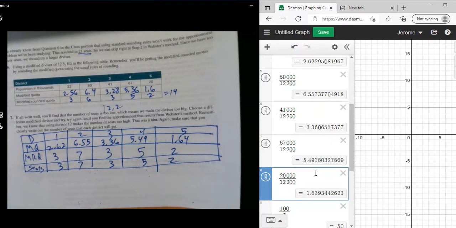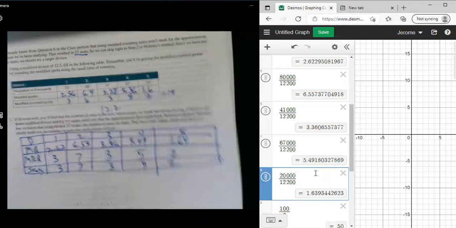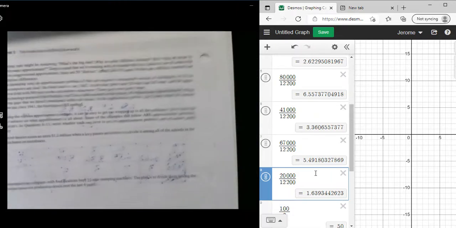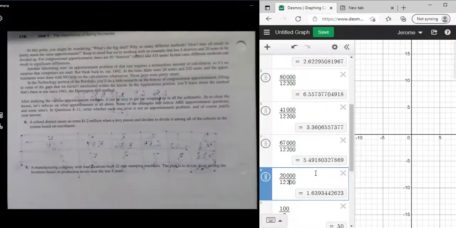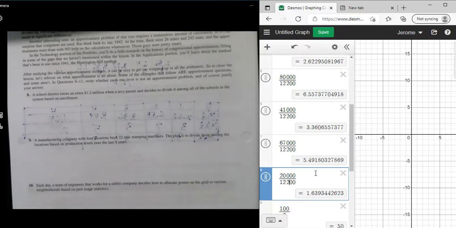Okay. Now, we move on here to the back. I'm not going to read the whole section of the back, but if we start here at number 8, they're basically asking us to determine which of these situations would need to be apportionment and which ones would not.